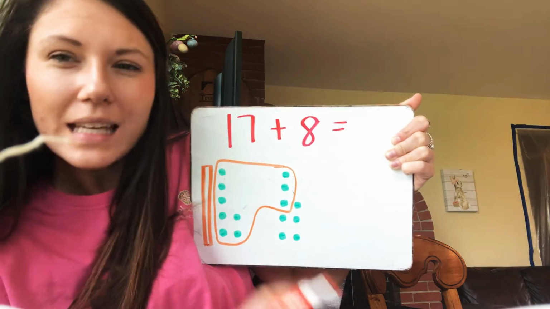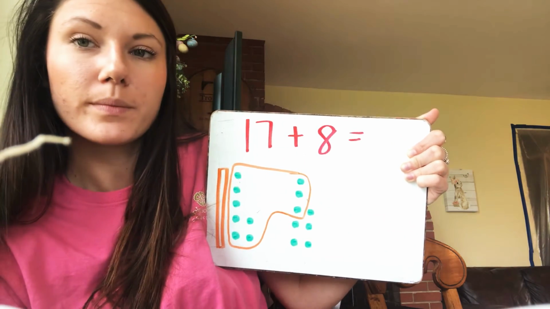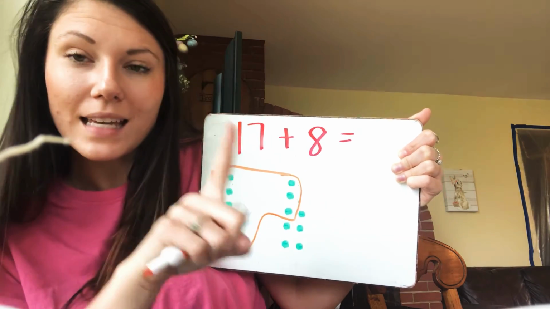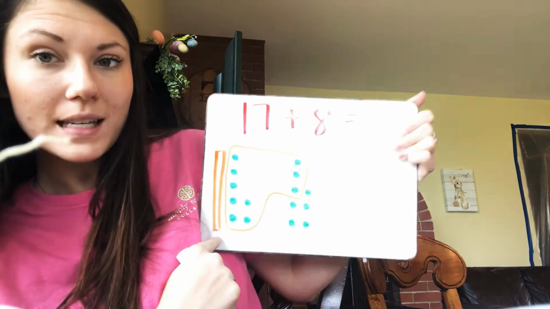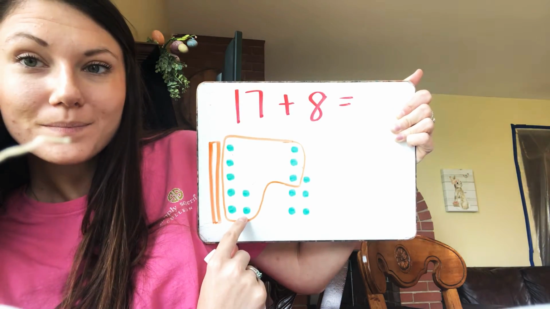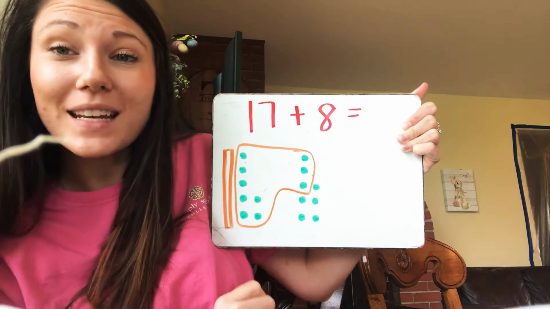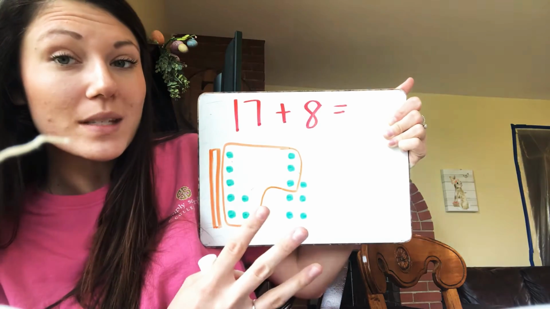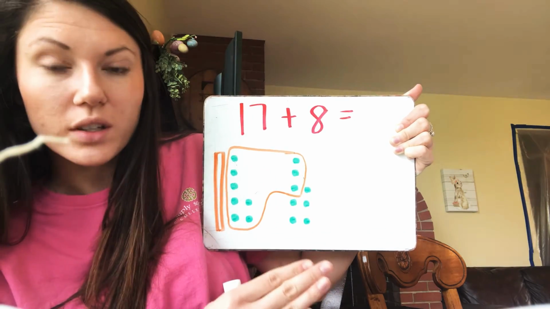So what is 10 ones equal to? It's equal to 10, right? 10 ones is equal to 1 ten. So now I have 1 ten from the 17 plus another 10 equals what? 20. And 20 we said is a friendly number, right? Good. So now all we have to do is count how many ones that aren't circled. So let's see.